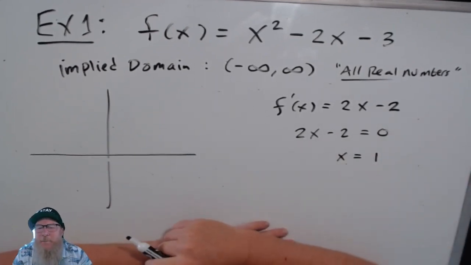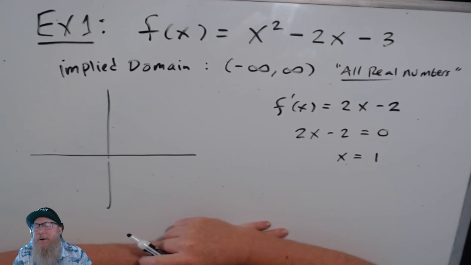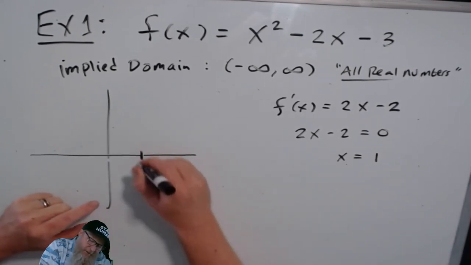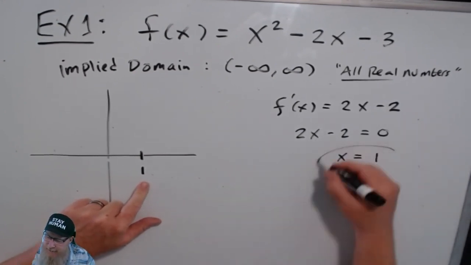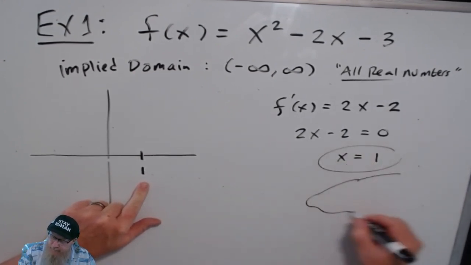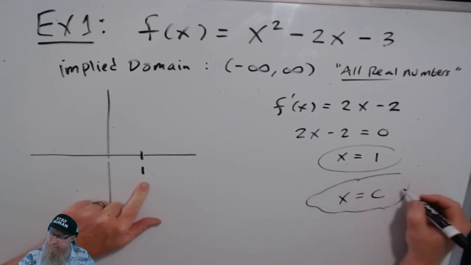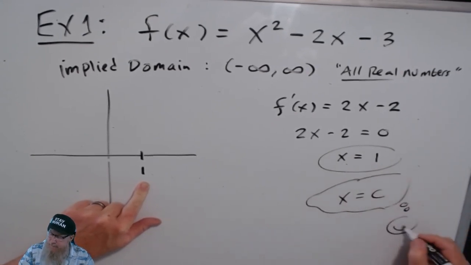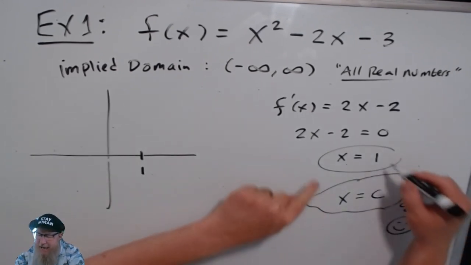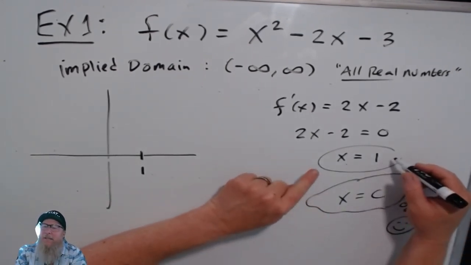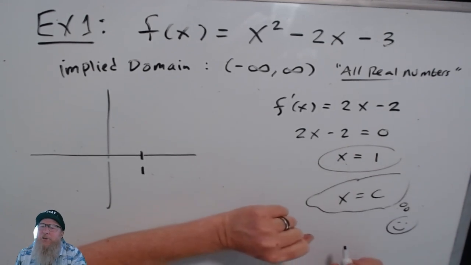And at this point in the course, you should be able to do that pretty quickly. You get x equals 1. So at x equals 1, that's my c, from the definition. Now remember, this is not the minimum or the maximum. This is where it occurs.